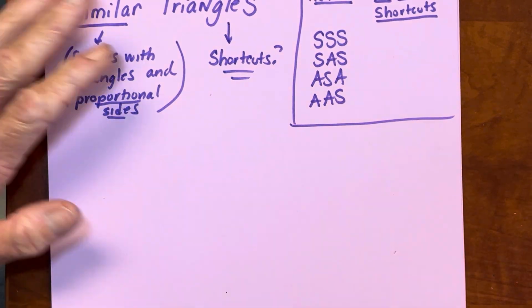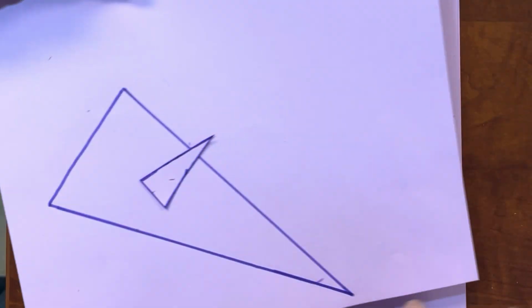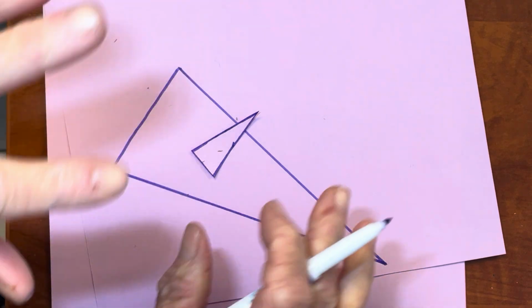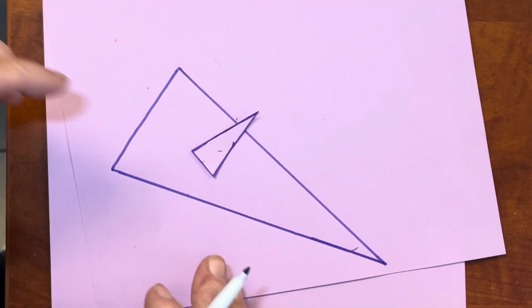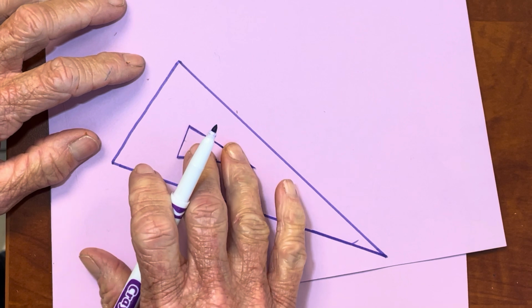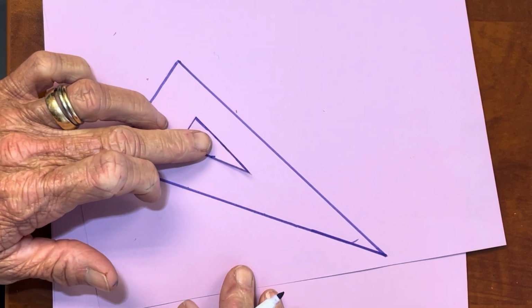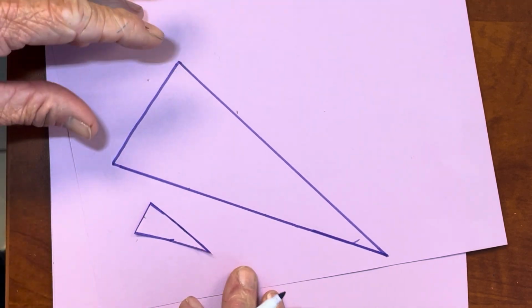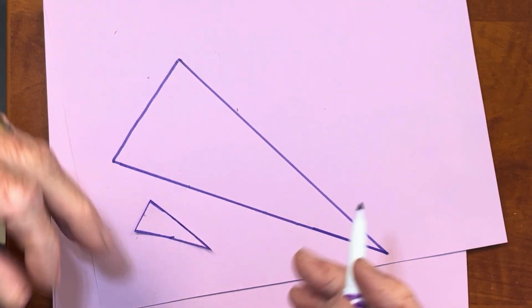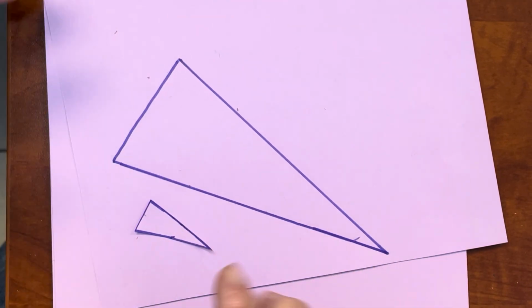I'm going to start with the fact that I created a pair of similar triangles just using the camera. I enlarged one so you can see that they look like they have the same shape, just a different size. And there could have been a dilation performed to produce an image from a pre-image in this case.